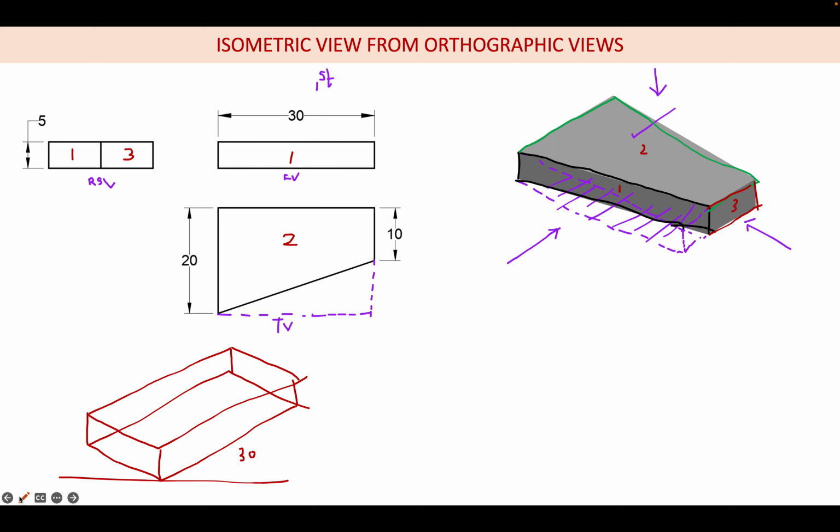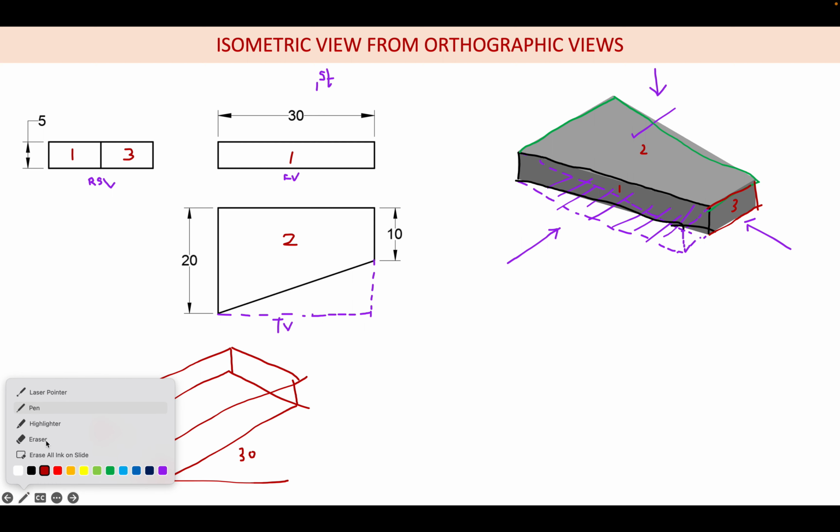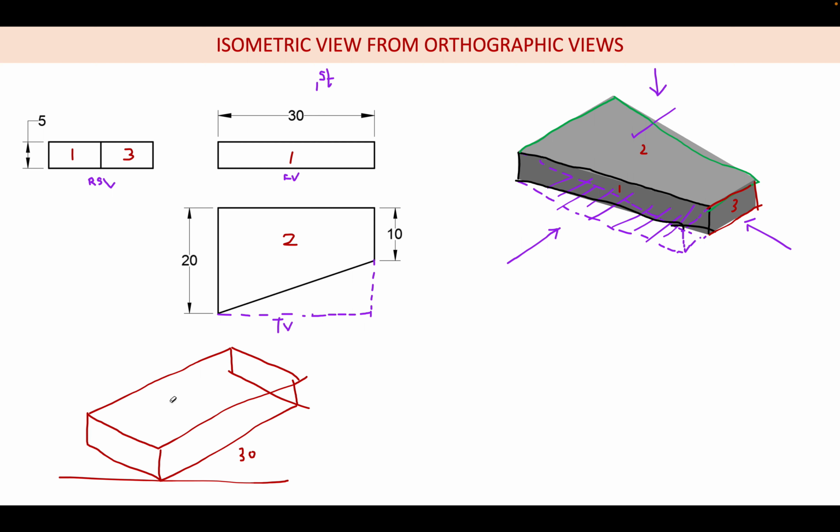What all will be hidden? This will be hidden. This will be hidden. This will be hidden. Like this, you will be able to see the box. I'll slightly modify. So 30, 20 and 5. Okay, like this.